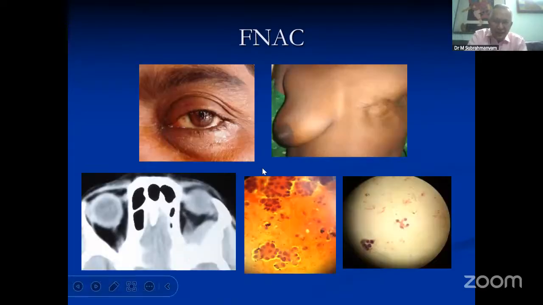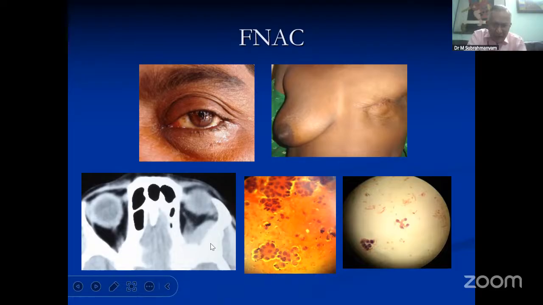This lady came with proptosis of the right eye with motility restriction and pain of 1 month duration, with a history of radical mastectomy 2 years back. CT shows an enlarged lateral rectus muscle, and you can see erosion of the bone and also hypertrophy of the bone with the erosion.